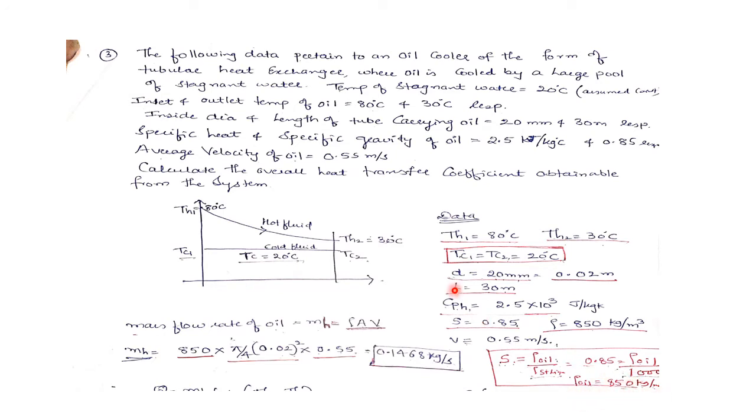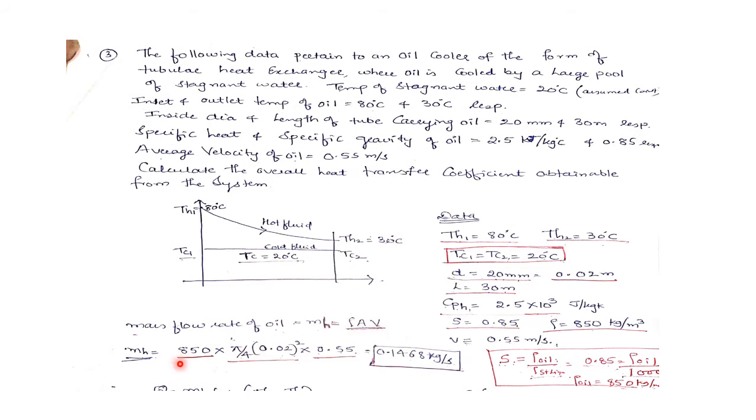He has given the average velocity of the oil as 0.55 meters per second. He has not directly given the mass flow rate of the oil, but instead the average velocity. We already know this formula from fluid mechanics: the mass flow rate of the oil, mh, is given by density into area into velocity.